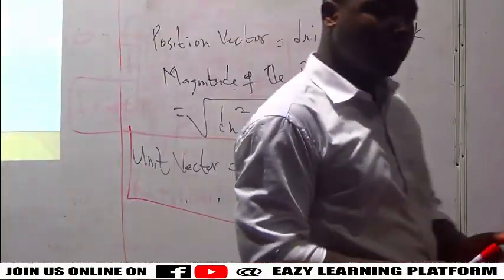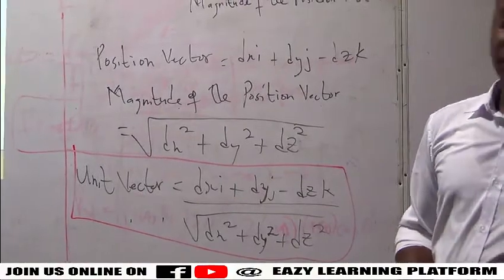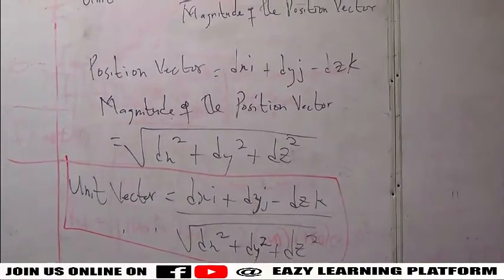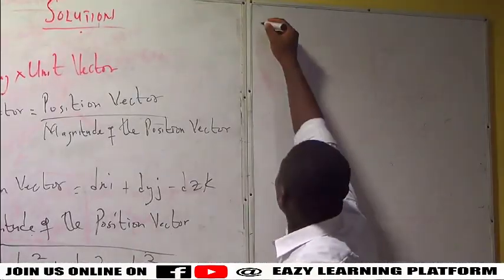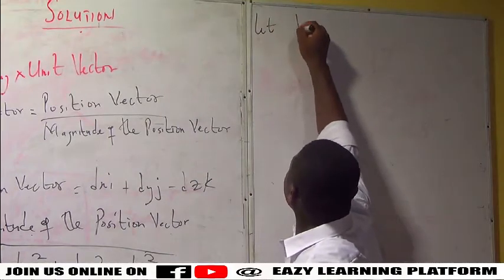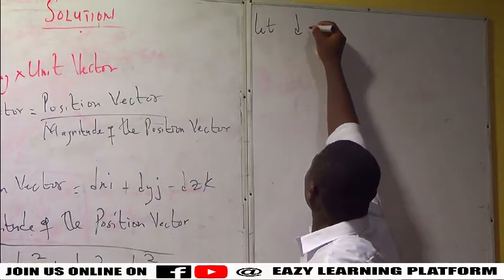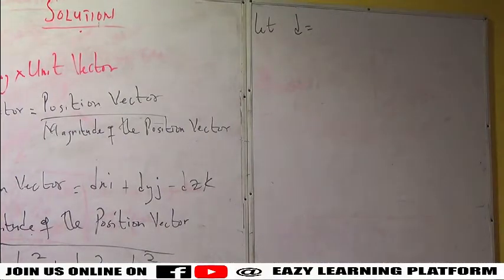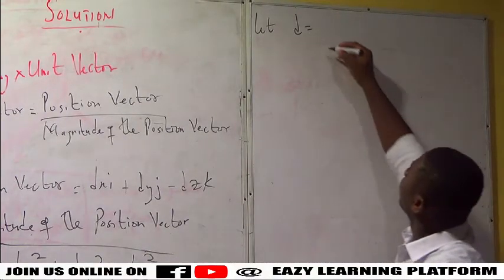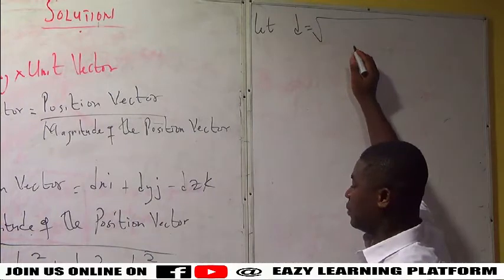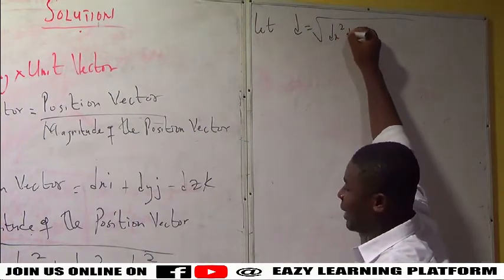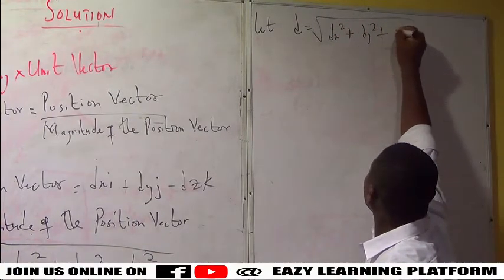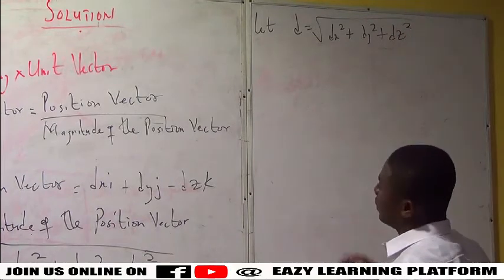So having found the unit vector, let D represent the magnitude of the position vector, which is the square root of dx squared plus dy squared plus dz squared.